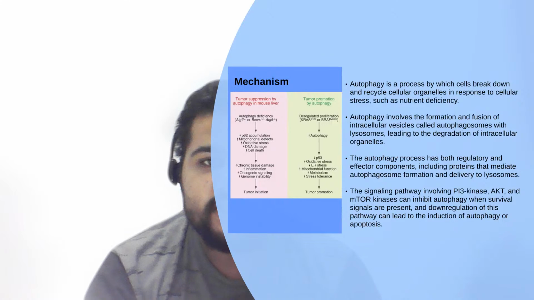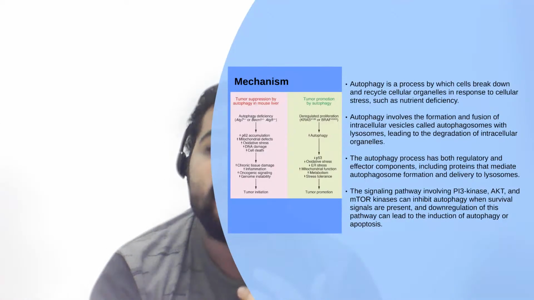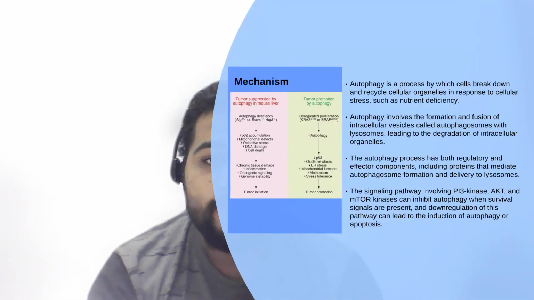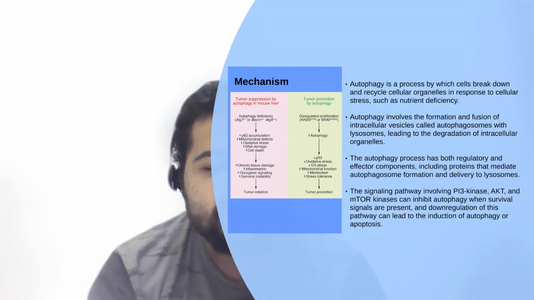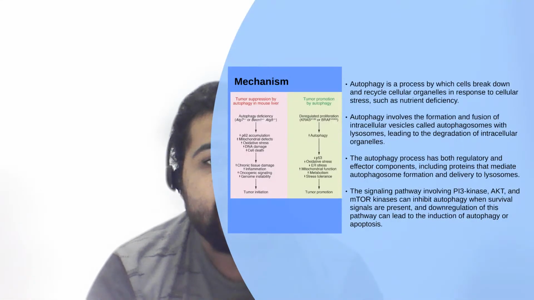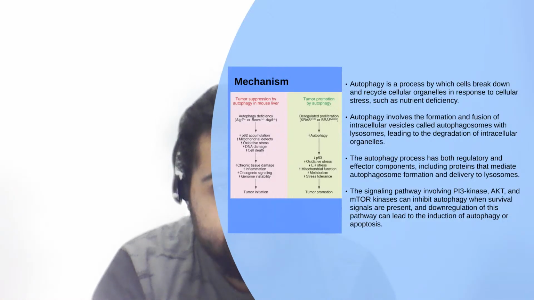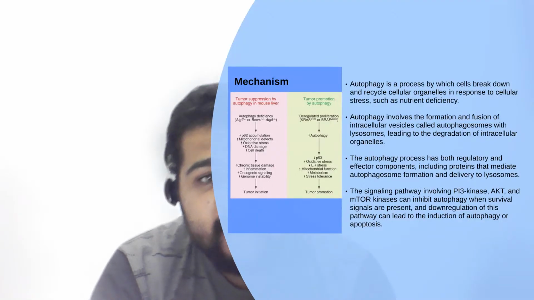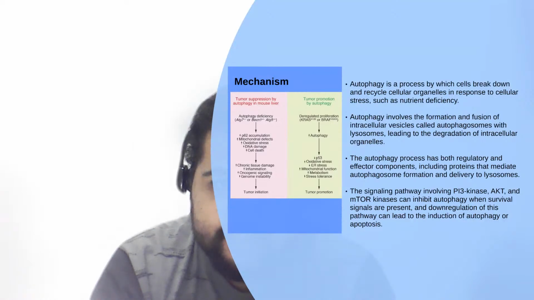The autophagy process has both regulatory and effector components, including proteins that mediate autophagosome formation and delivery to lysosomes. So, the signaling pathway involved is PI3 kinase, AKT, and MTOR kinase, which can inhibit autophagy when survival signals are present, and downregulation of this pathway can lead to the induction of autophagy or apoptosis.